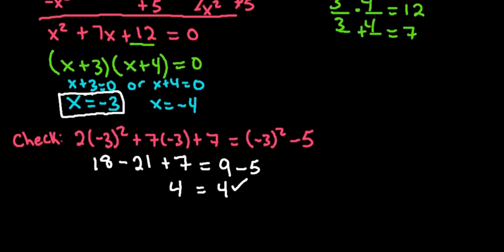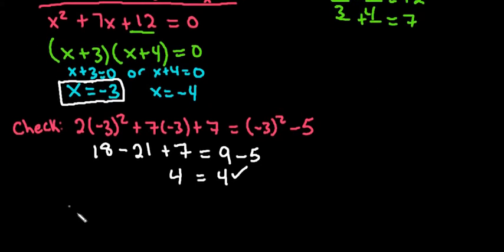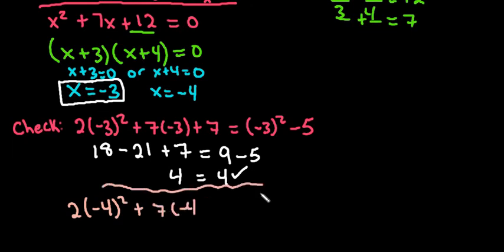You want to check the other one too, and to check the second one, all you would do is replace your x's with -4. So we would have 2 times -4 squared plus 7 times -4 plus 7 equals -4 squared minus 5.